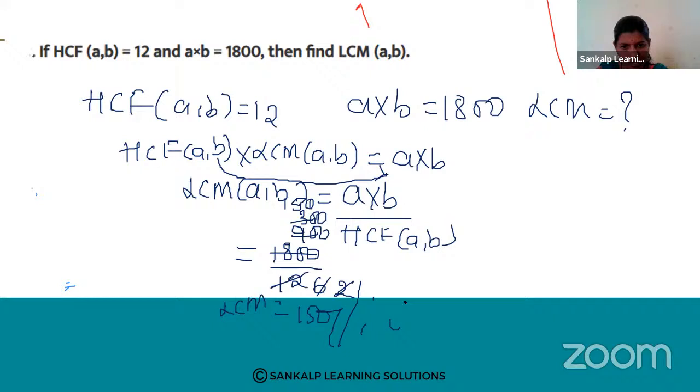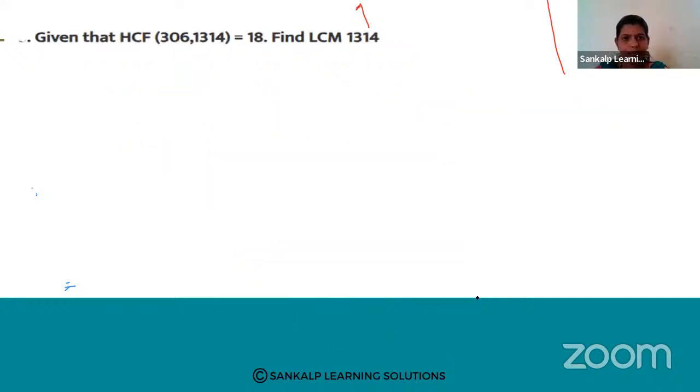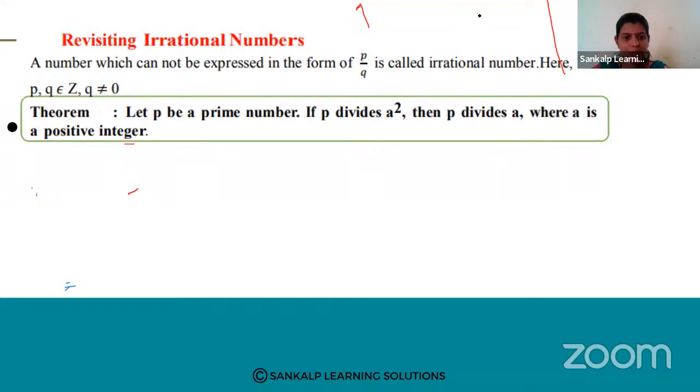Yes, so these are all 2 marks questions. Next. This is also the same. HCF they have given and find out the LCM. Next, this is important.